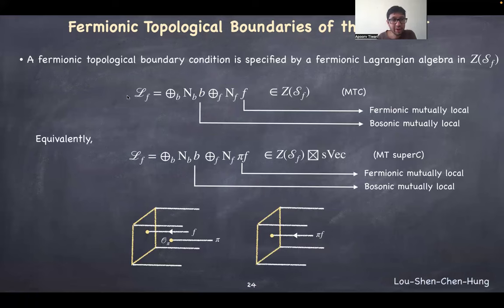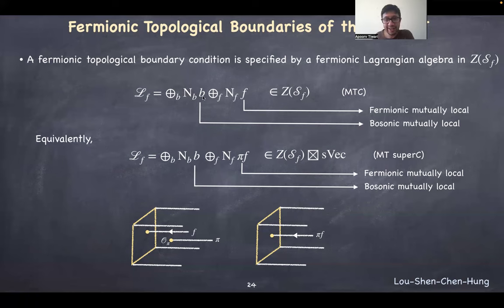So more precisely, we can define a fermionic Lagrangian algebra, and this Lagrangian algebra satisfies the same maximality condition as a bosonic algebra. The only difference is instead of only bosonic lines, one also allows a fermionic line to end on it. And all these lines have to still be mutually local. So the only one piece of information that has been relaxed is that we are allowing for fermionic lines.